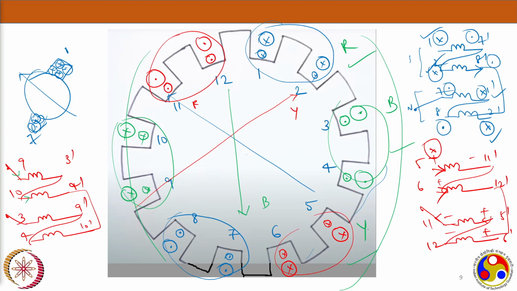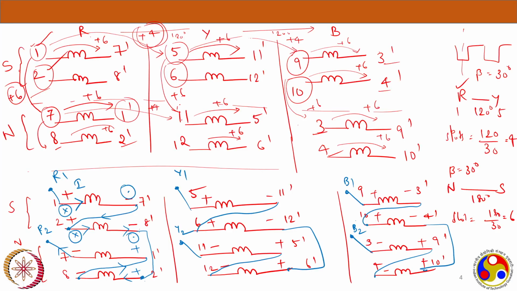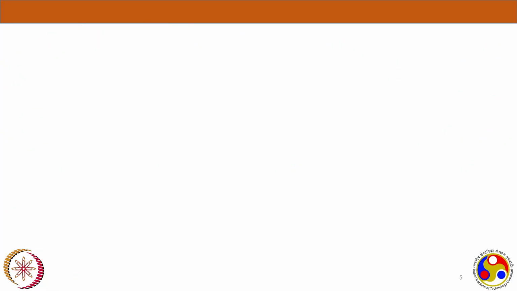So how can I get the maximum phasor voltage output? We just have to pay attention to how the phasors would look, and how we have added each one to the other. So let's look at the phasors now. Let's look at how the R phase phasors would look. I'm taking R phase first.